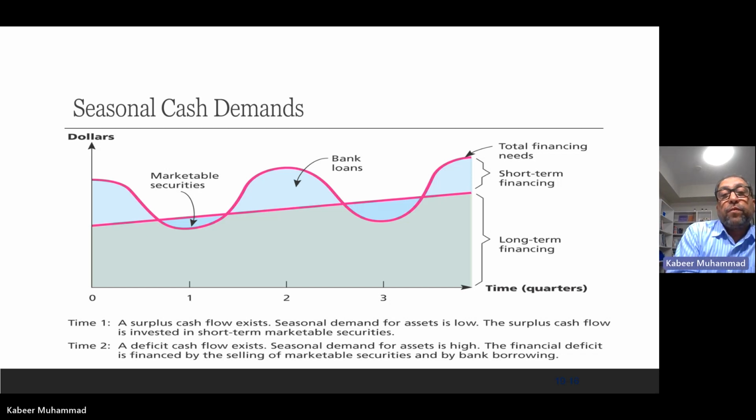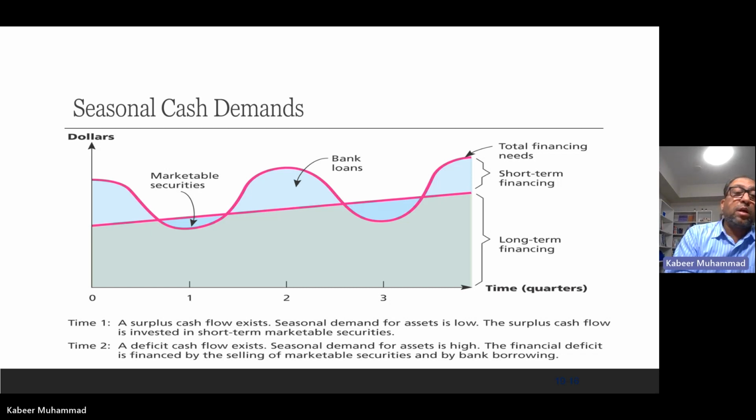And the difference between the straight line and these cyclical or seasonal changes is going to be short-term financing. If we are above this point of long-term financing available, then we go for a bank loan in order to meet this deficit area. And if it is below this requirement, then we can invest in marketable securities.